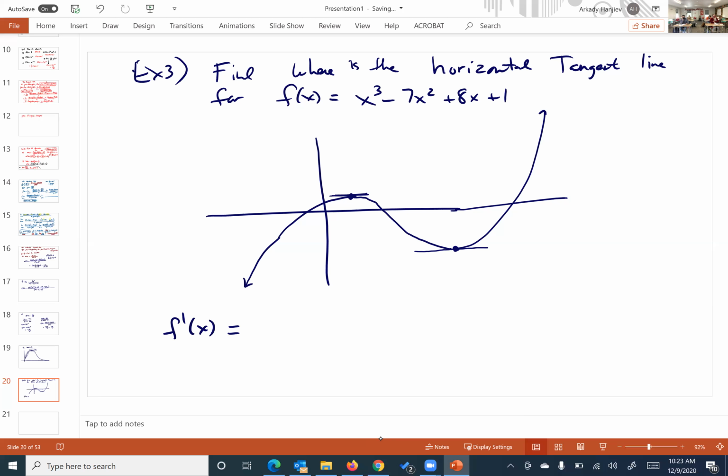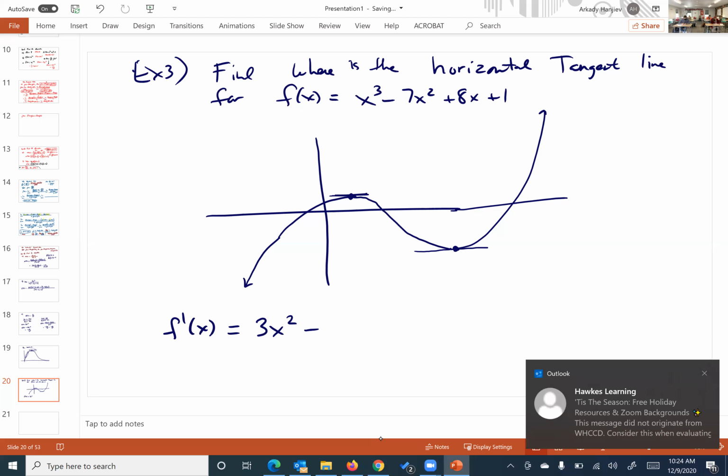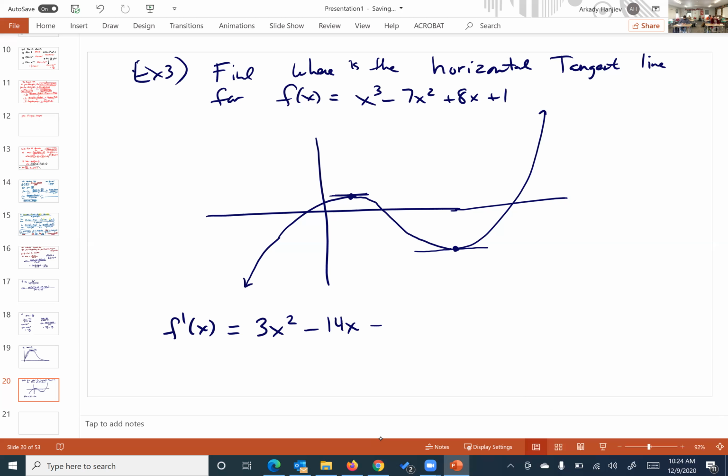Oh yeah, absolutely. So take the power rule individually of each of these pieces. x to the third becomes 3x squared. Minus 7x squared becomes minus 14x. And how about a plus 8 at the end? Are we good there? Yeah, that's perfect. I think we're good.